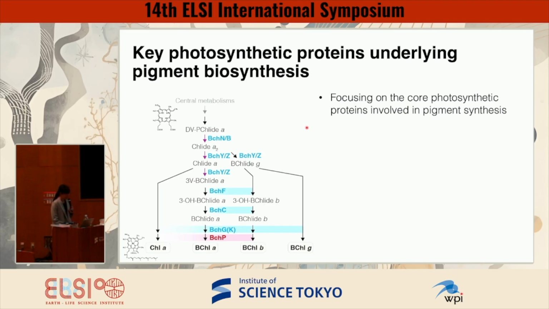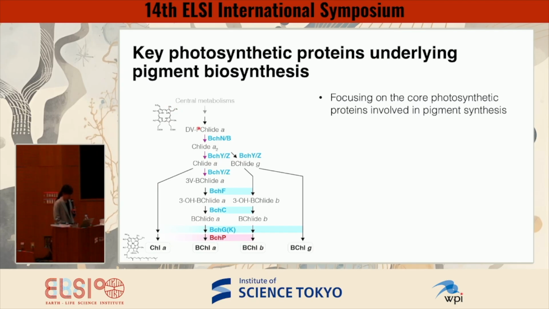We found some good marker proteins which are involved in pigment biosynthesis. The biosynthesis pathway for photosynthetic pigments is shown here. It derives from central metabolism and produces chlorophyll or bacterial chlorophyll. The synthesis of chlorophyll pigments proceeds by the insertion of magnesium into protoporphyrin.